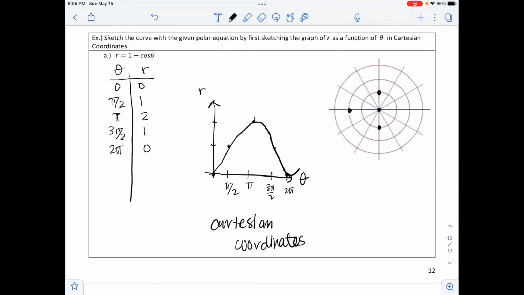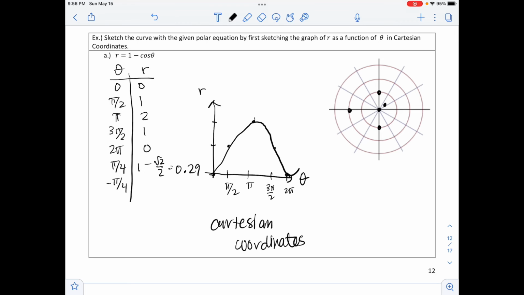So I'm going to explore what happens if we had pi over 4 and negative pi over 4. And so with this, I would have 1 minus, and cosine of pi over 4 is rad 2 over 2. And so on a calculator, you would get 0.29. And so at pi over 4, we would have 0.29.